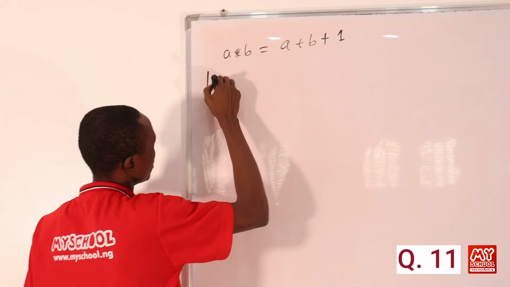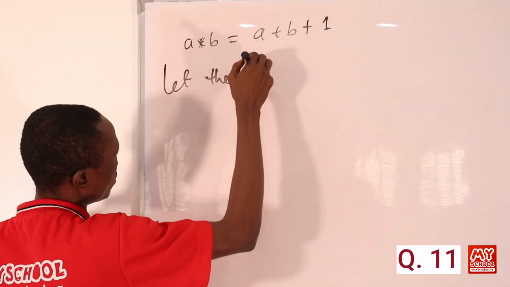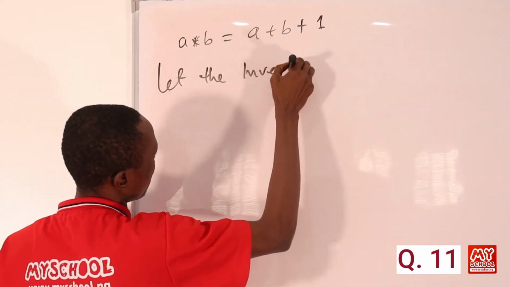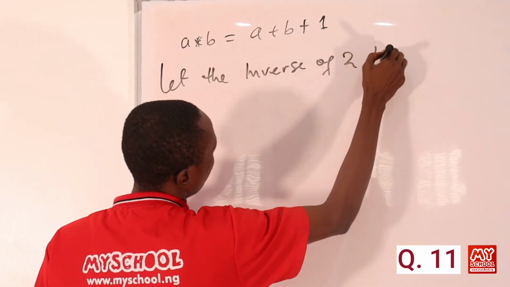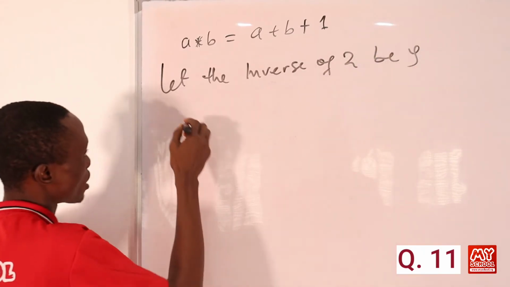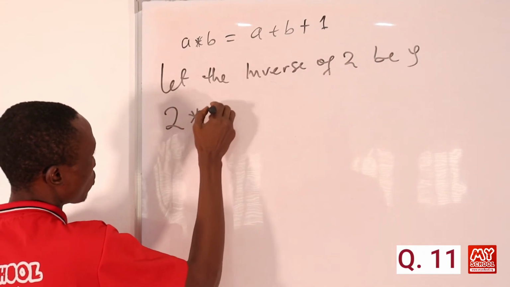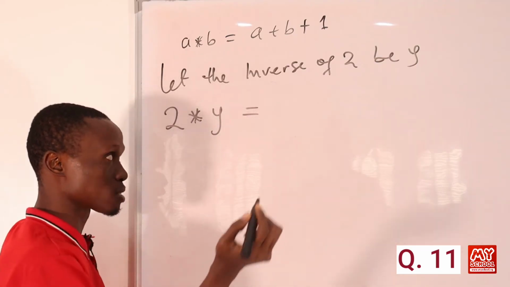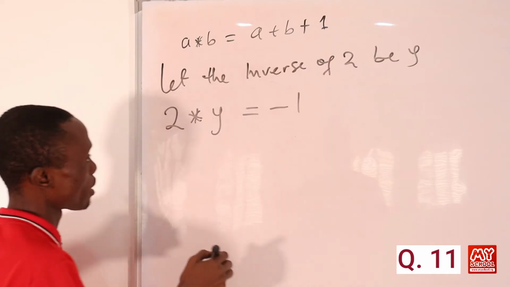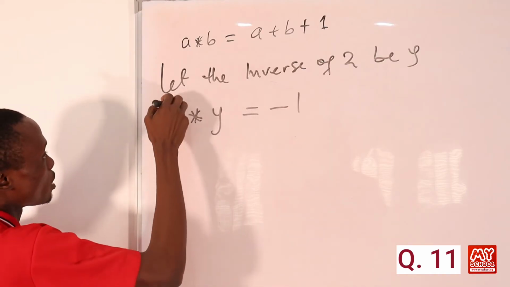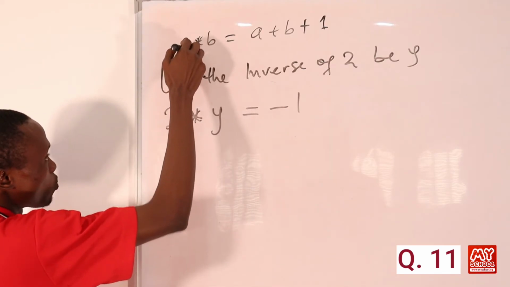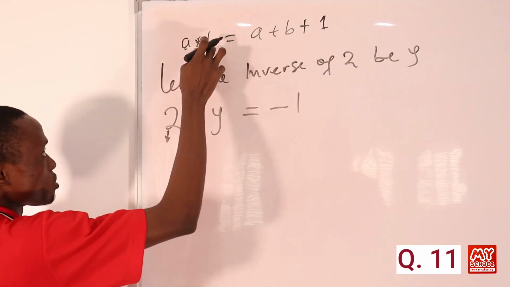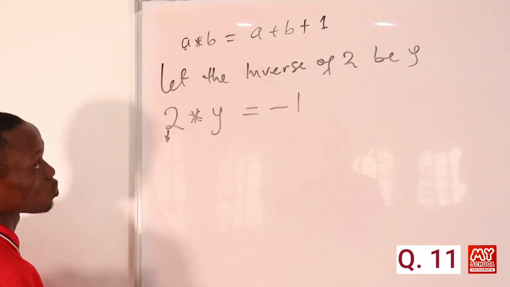So we are going to say, let the inverse of 2 be y, so that 2 star y is equal to the identity element. In this case, they said let it be minus 1. So basically what we are going to do here is, anywhere we see a, we replace it with 2, and anywhere we see b, we replace it with y.